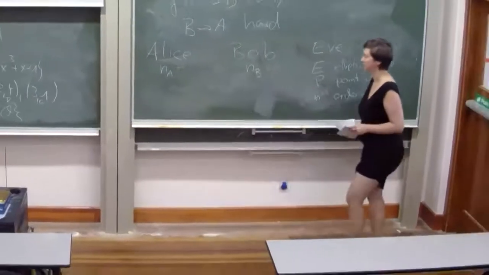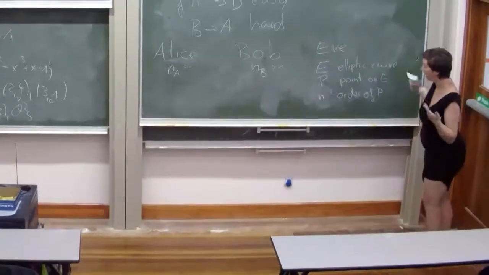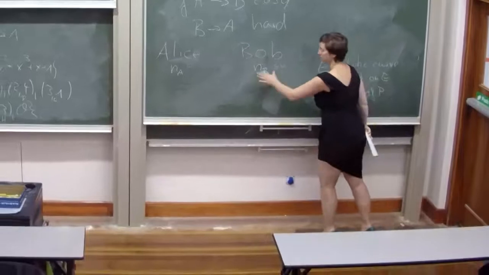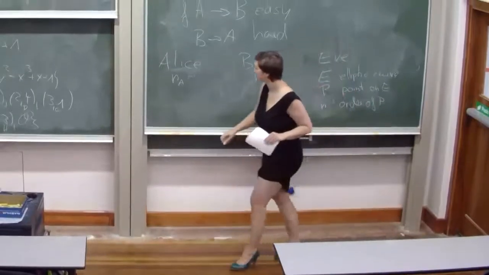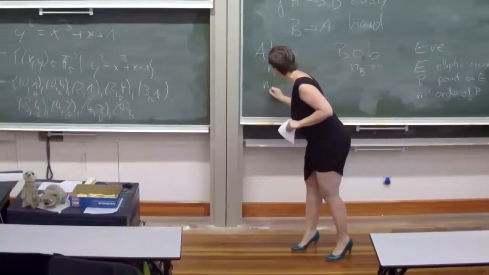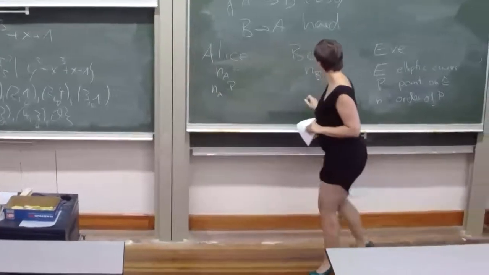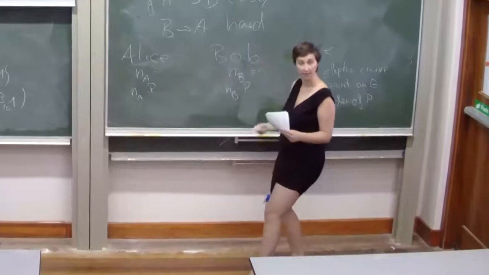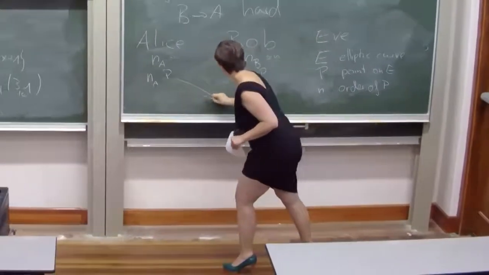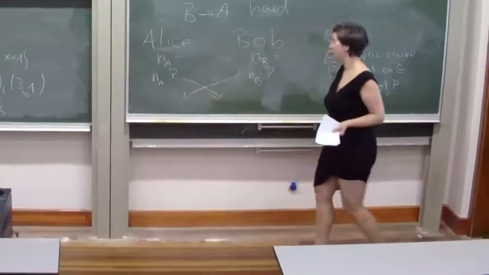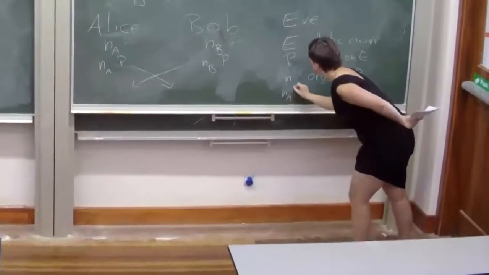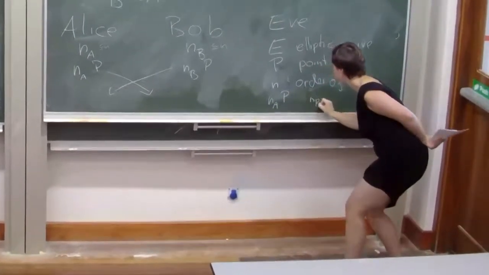Okay, what do they do? They both add this point to itself the number of times that their number is. So Alice computes NA times P, and Bob computes NB times P. They exchange their values through public channels. So Eve knows what NA times P is, and she knows what NB times P is.